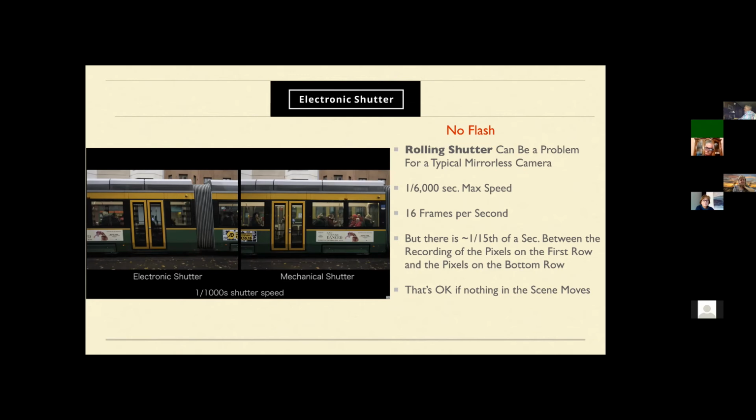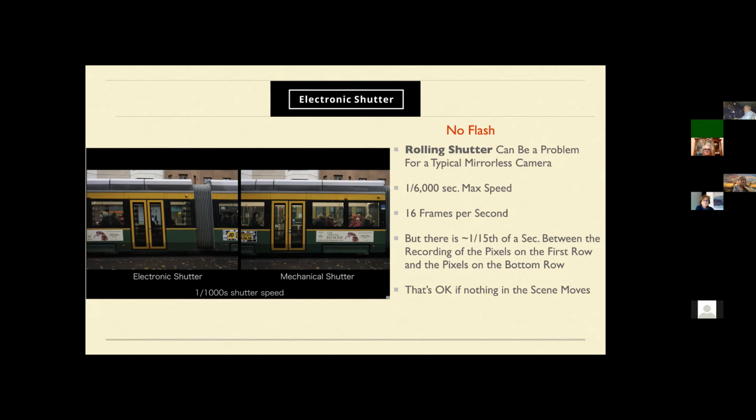So I'd like you to look at these two photographs. First of all, look at the one on the right. It's taken at 1,000th of a second shutter speed with a mechanical shutter. It's a tram or city metro. And you'll notice that the windows are straight. If we look at the photograph on the left, which is taken with an electronic shutter, you'll notice that everything is leaning to the left.